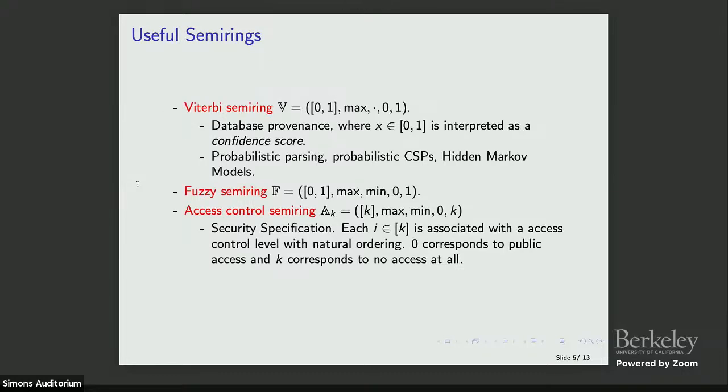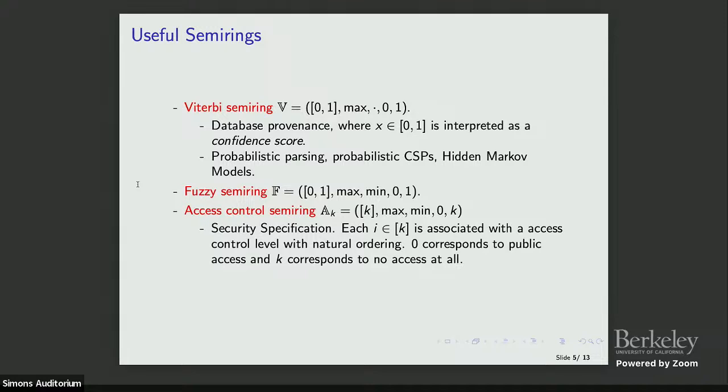You can ask this question for any semiring, and there are some useful semirings which people have considered in various settings. In particular, our interest came from data provenance in the database community, where you interpret these as confidence scores and can associate some meaning to that, but we abstract those things out in this study.